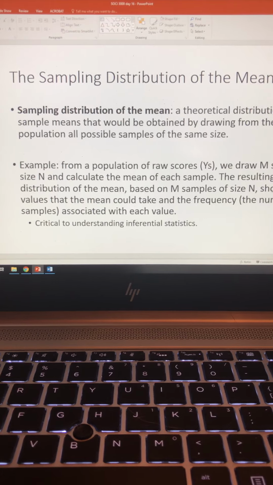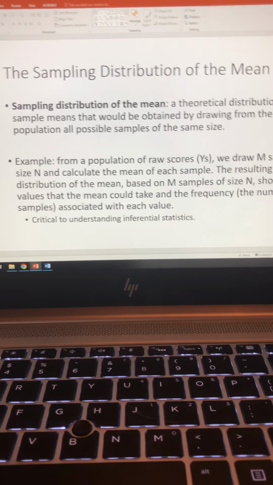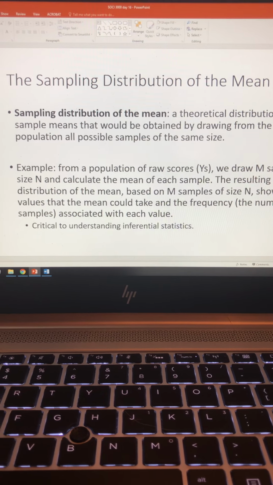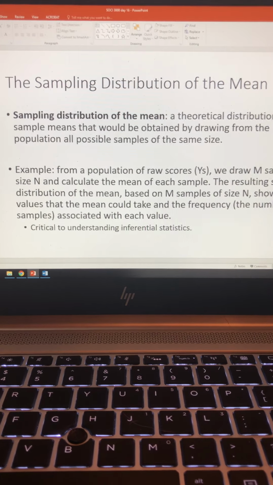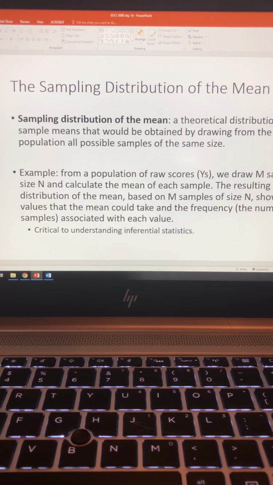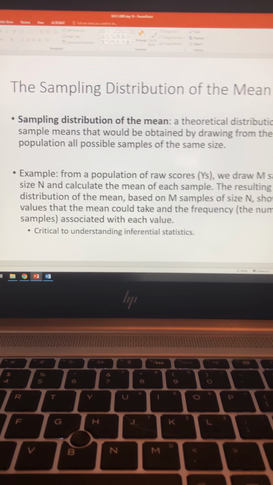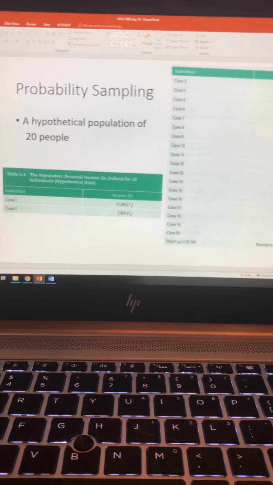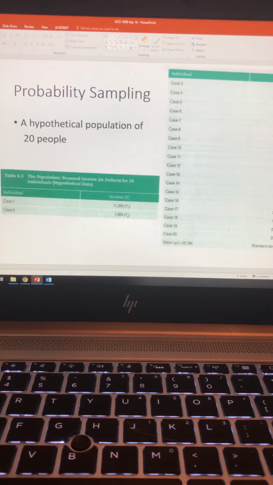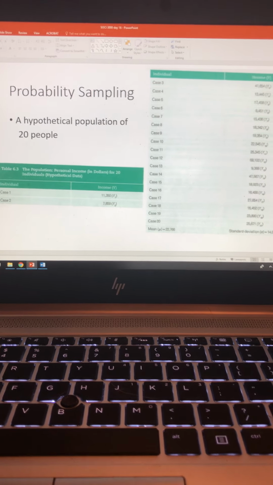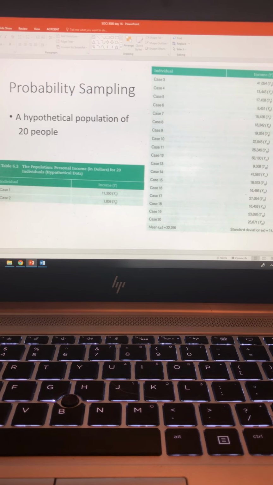Well, we could theoretically draw up a distribution of all the possible means that could be obtained by drawing from the population all possible samples of the same size. I know that sounds like a mouthful, but imagine if we kept taking samples of 3 from this population, and we did it infinitely until we covered all possible instances. I don't want to do the math of how many that would be, but trust me, it would be a lot.